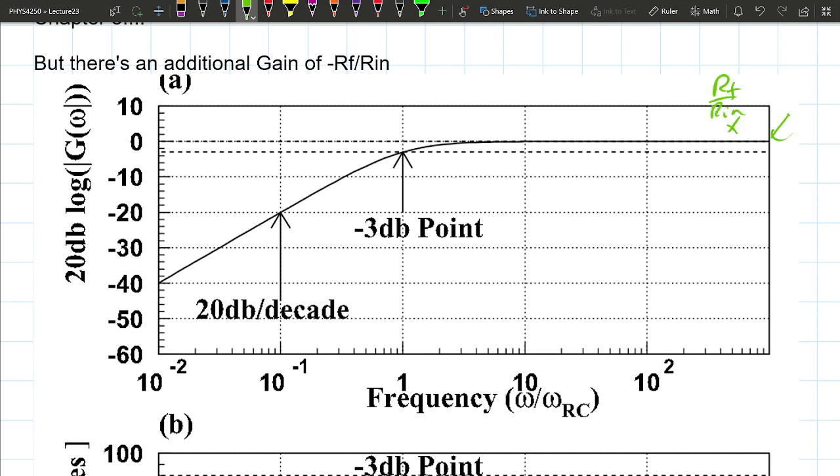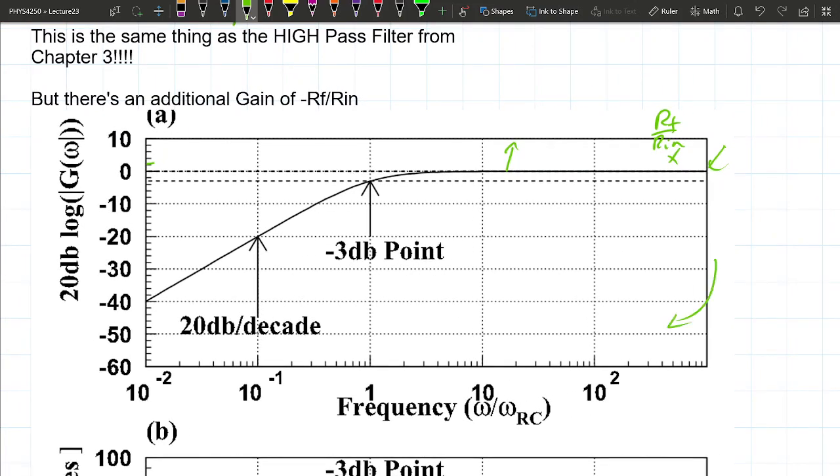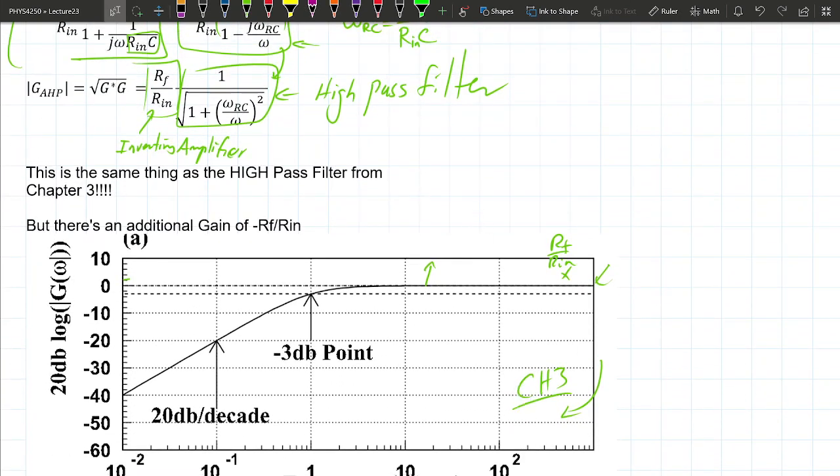If your RF over RN is 10, this will go up by a factor of 10, well, actually by a factor of 1 because of this stupid log scale thing. These plots are from chapter 3, by the way. It has exactly the same behavior, except you multiply by this additional factor of RF over RN.